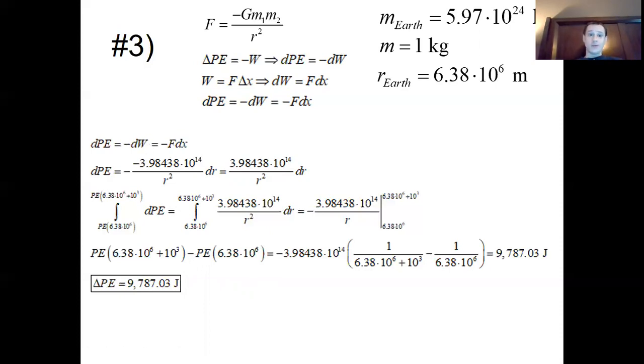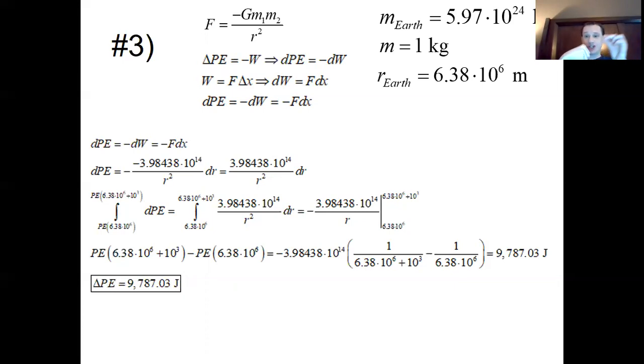But what's work done? Work is force times a distance. So a little bit of work, dW, is the force you're applying times a little bit of change in position. So how we're going to set this up is the change in potential energy is negative of the force involved times dx, or in this case, since you're moving something radially outwards from the Earth, you could call it dr instead, because it represents how far away you are.